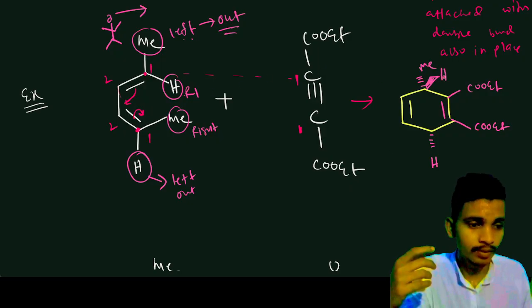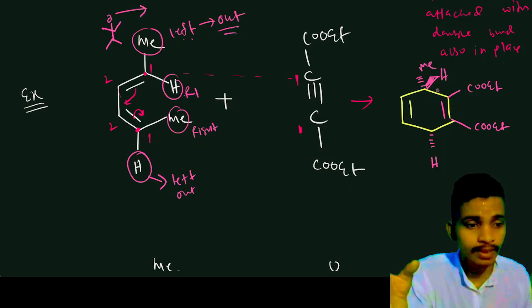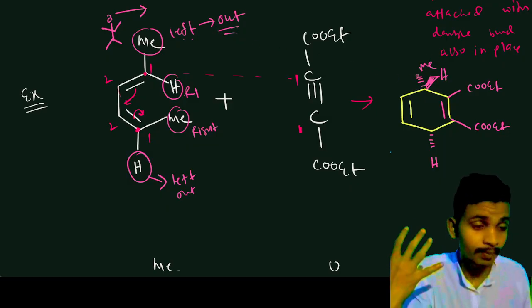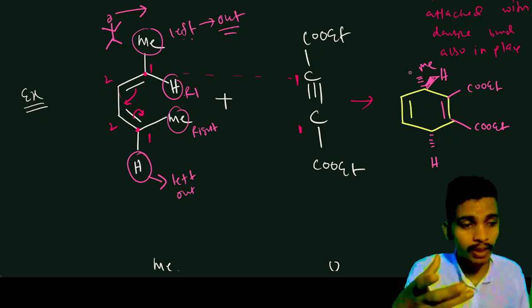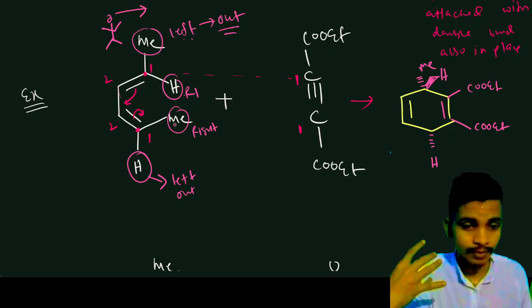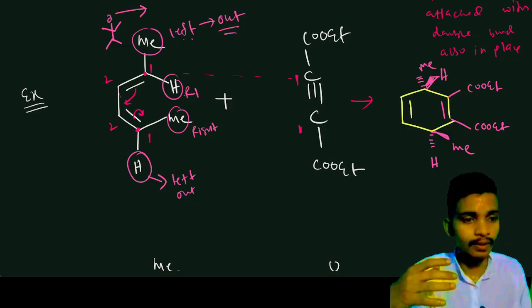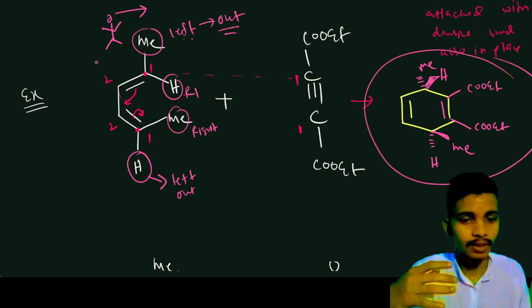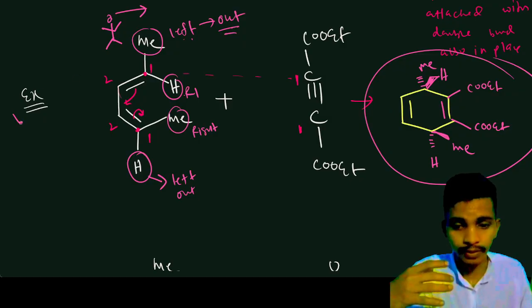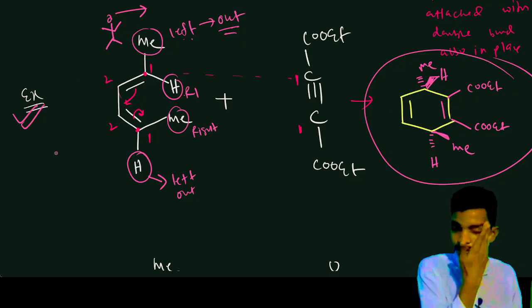If one left is wedge, or one left is dash, then all left has to be taken as dash, so this methyl I will also take as wedge. So this is the final answer for this question. Okay, moving to the next question now.